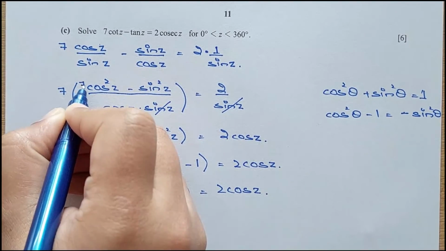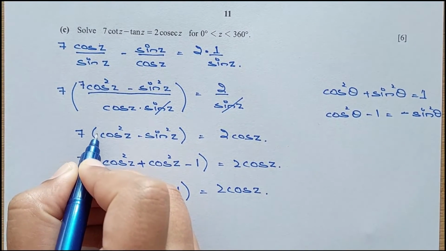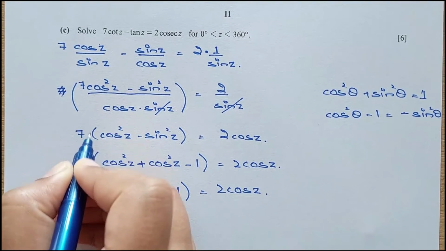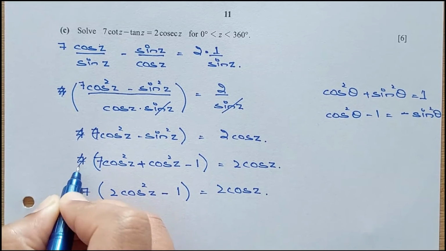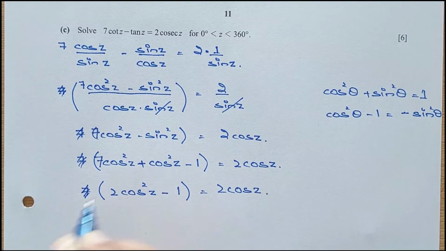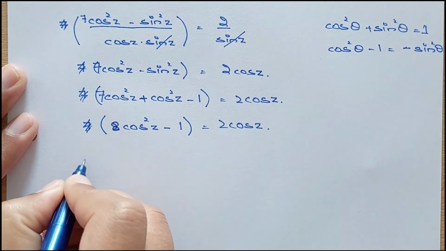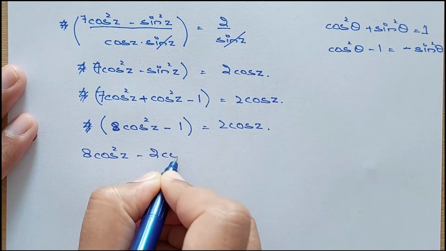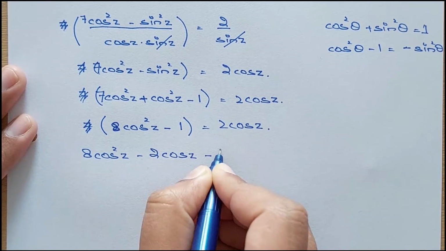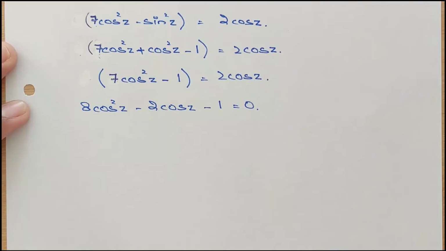So 7 is with this term only, not outside. So 7 plus 1, this is 8, right? So we have 8 cos square z minus 2 cos z minus 1 equals 0, right?